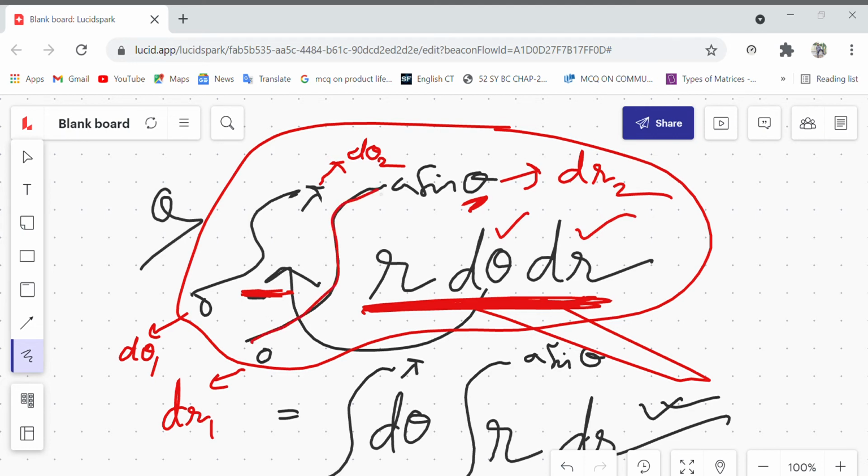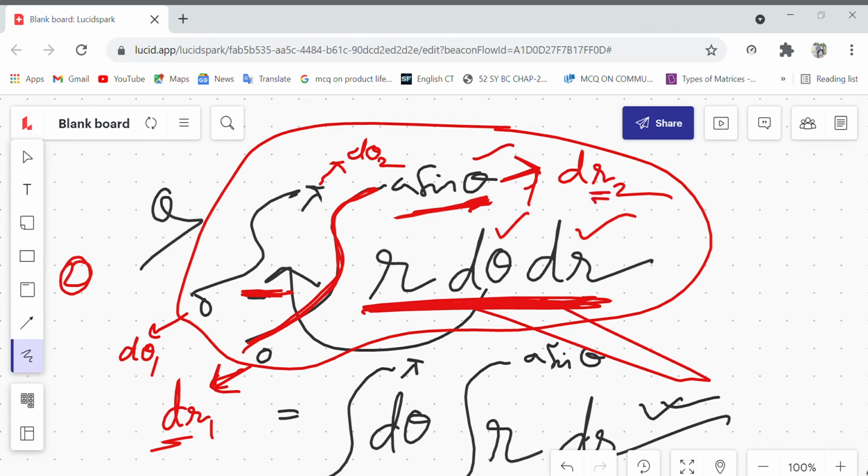I told you from the beginning of the double integration, in double as well as triple integration, more concentration is given to the right hand side limit. So you see a sine theta over here. Don't use d theta 1 and d theta 2. Rather, use the corresponding one, that is dr1 and dr2.